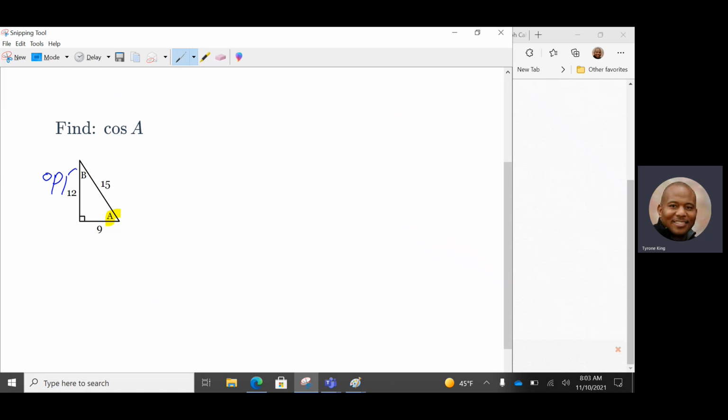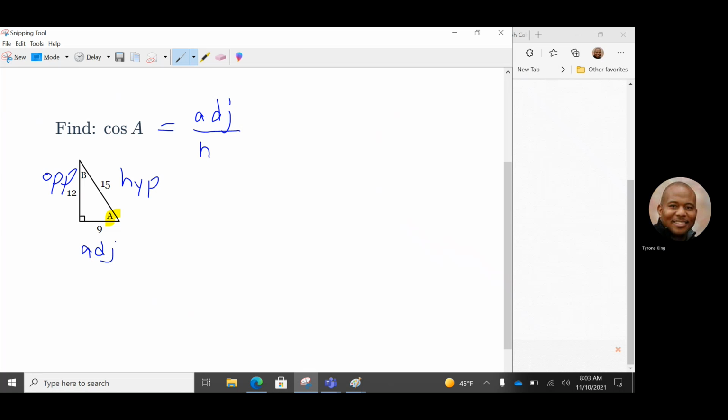The 15 is the hypotenuse, because we know the hypotenuse is along the side in a right triangle. And 9 is the adjacent to A. Cosine, we know, is adjacent over hypotenuse, based off of my notes.